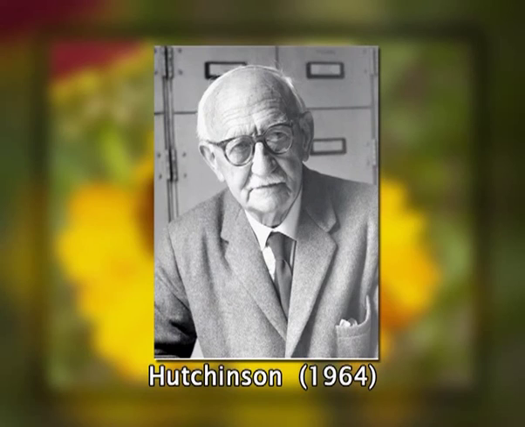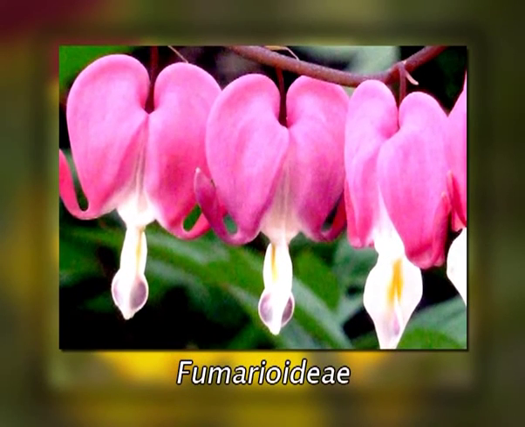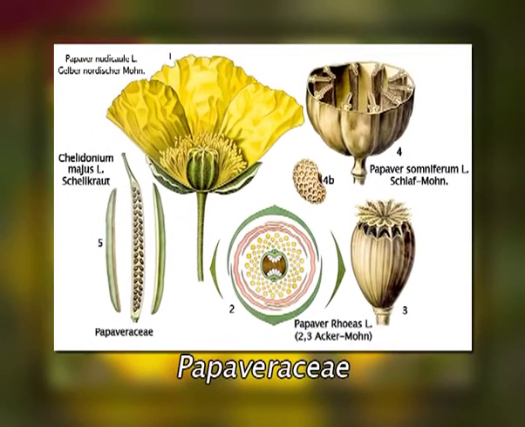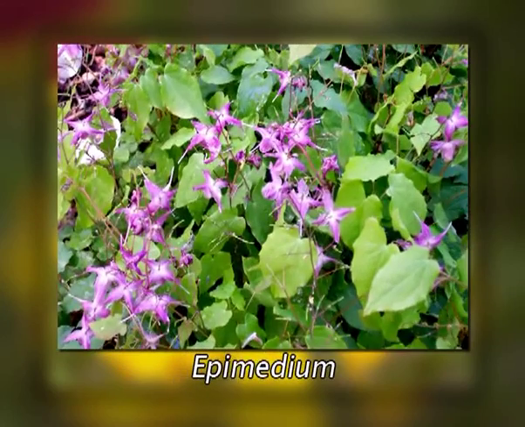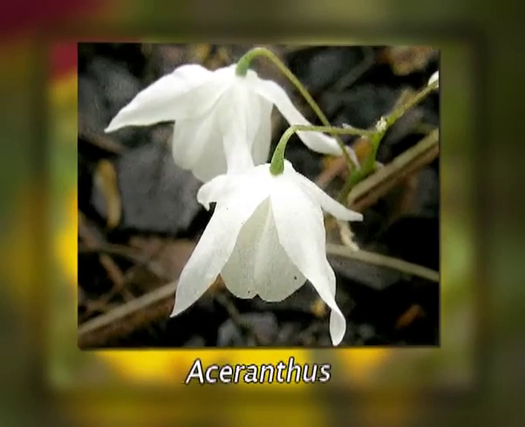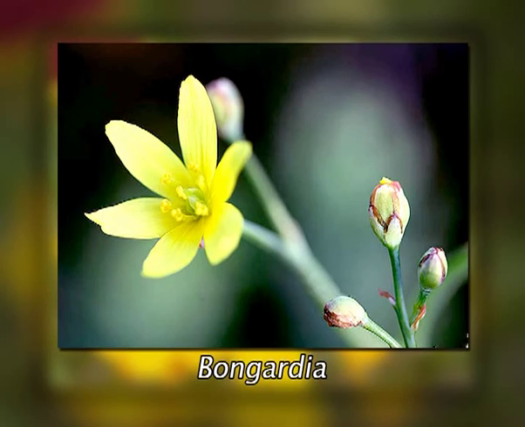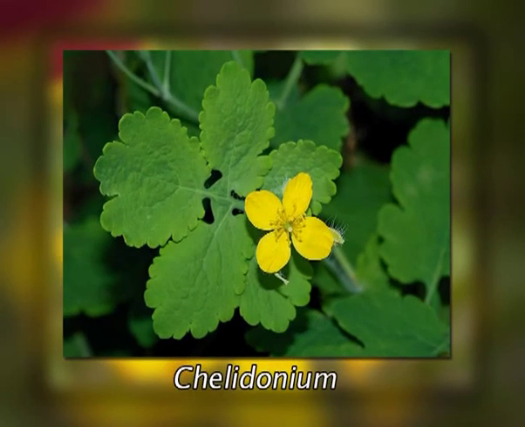According to Hutchinson, Fumarioideae is quite distinctly separated as a group from Papaveraceae proper and closely allied to certain genera of the family Berberidaceae, for example Epimedium, Achlys, and Bongardia, and there is close affinity with certain genera of Papaveraceae, especially Chelidonium.